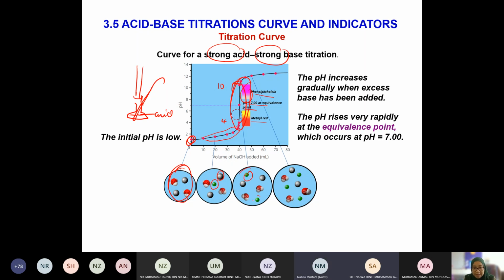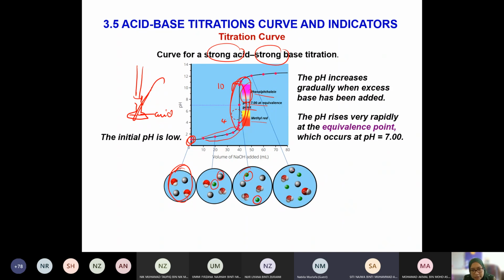So the base is increasing, in excess. At this point where we have excess base, we don't have the acid anymore in here.